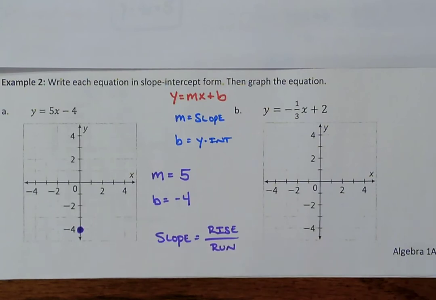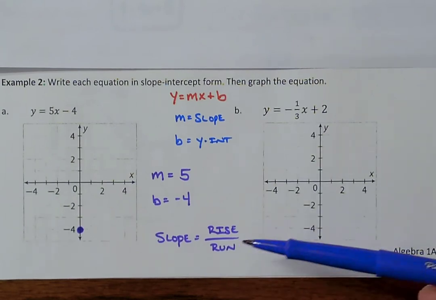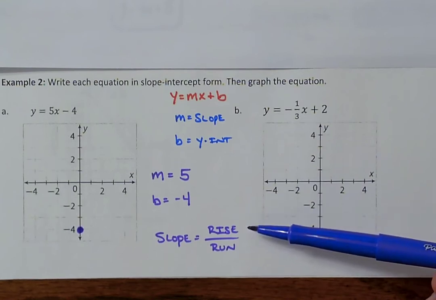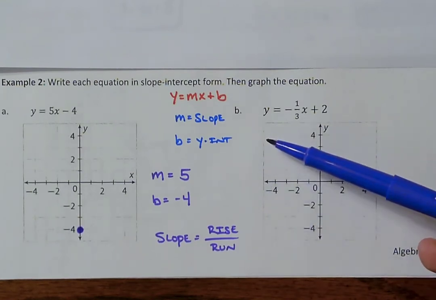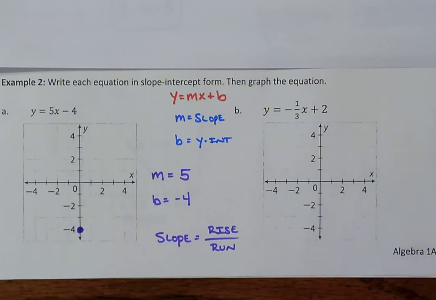Remember, also with rise over run, if you have a positive number, it goes to the right. If you have a negative number, you go to the left. Positive for run is, sorry, I messed that up. Okay, for rise, if it's a positive number, it goes up. If it's a negative number, it goes down.